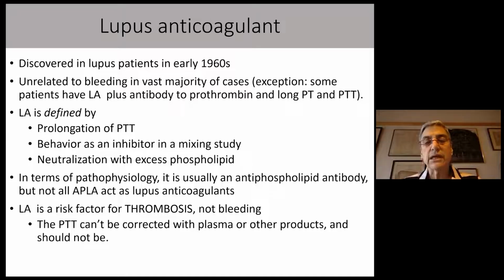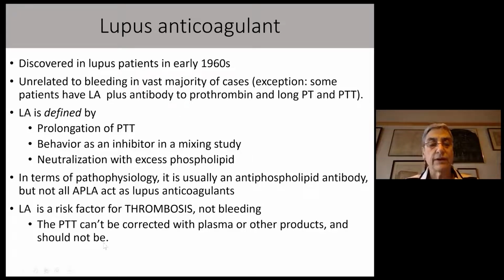Because these antibodies are mostly directed against phospholipid, it can be neutralized by adding excess phospholipid. Although it is usually an antiphospholipid antibody, not all antiphospholipid antibodies act as lupus anticoagulants. So you need to look for the antibodies and for the lupus anticoagulant.